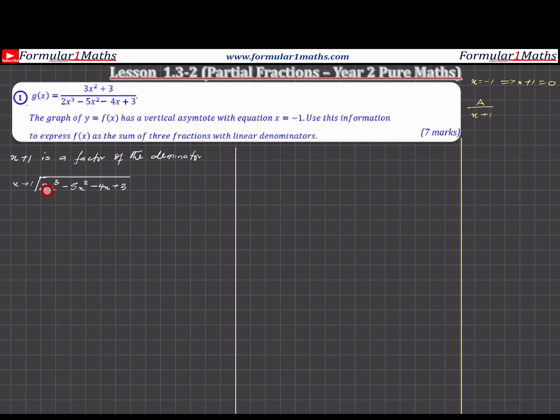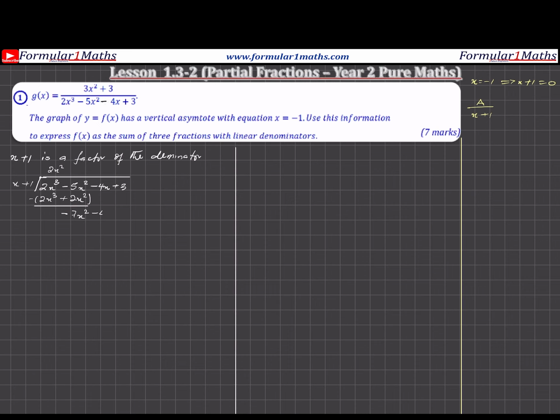If I look at this first term and that, I know that I need 2x squared over here. So that will be 2x squared. Then I'll multiply 2x squared by this and I'll get 2x cubed plus 2x squared. Then I'll do my subtraction and I'll have nothing here and I'll have minus 7x squared over here.